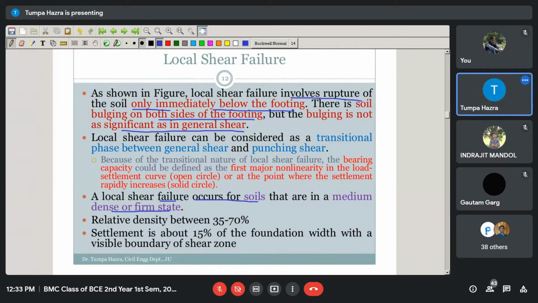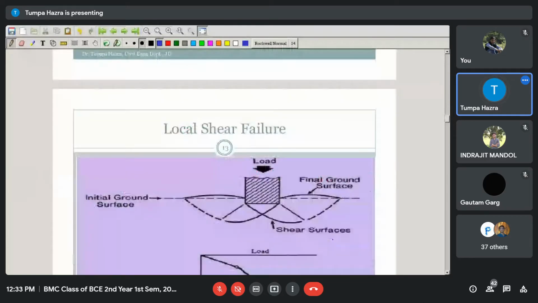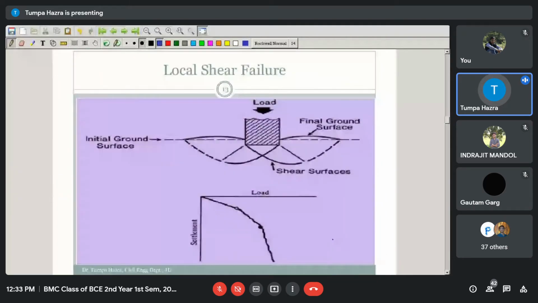General shear failure occurs for dense soil of relative density greater than 70%, and local shear failure will occur whenever the relative density is 35 to 70% and the settlement of the soil due to the load of the building is 15% of the width of the foundation.